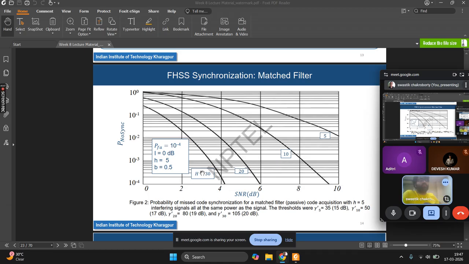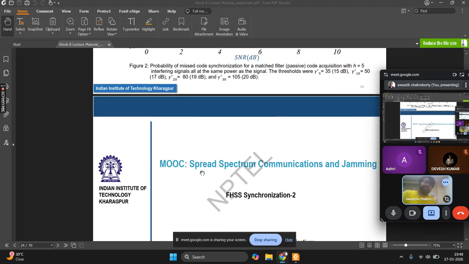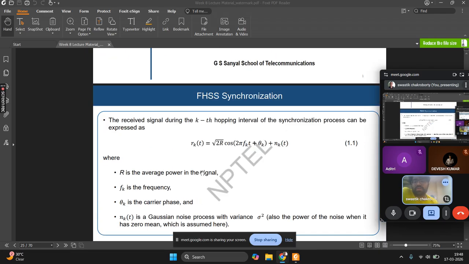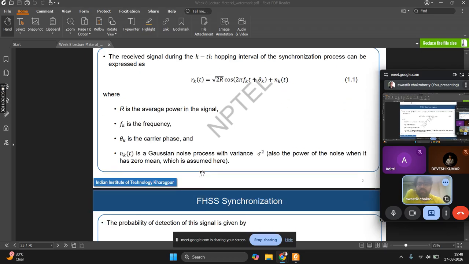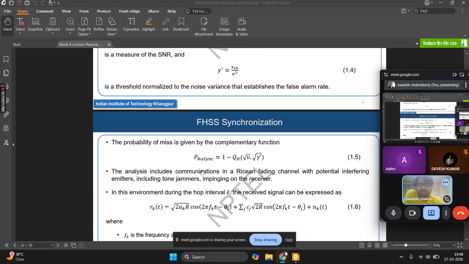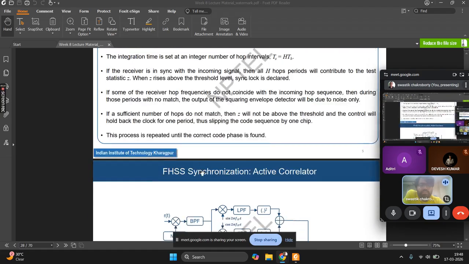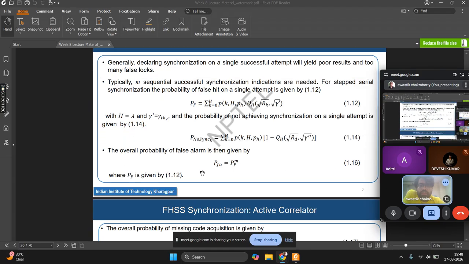Whereas when you have 5 hops, provided the bandwidth is the same, the separation of signals is too large. So if you have a wrong signal, you will of course not cross the threshold, so you will not miss the detection. So next, I think we have covered this one already.